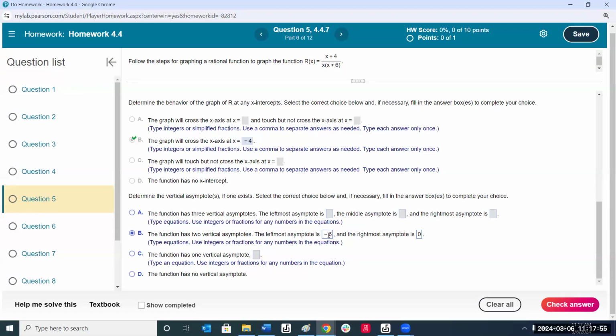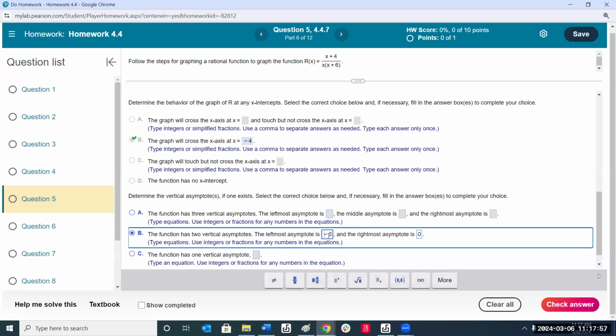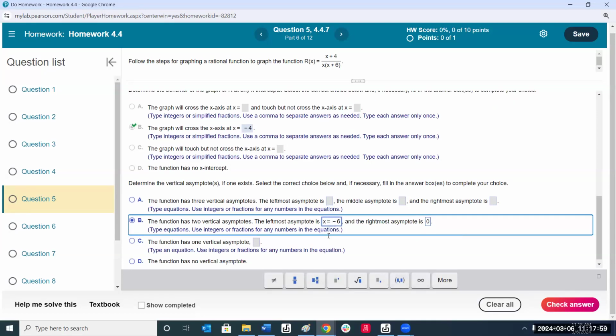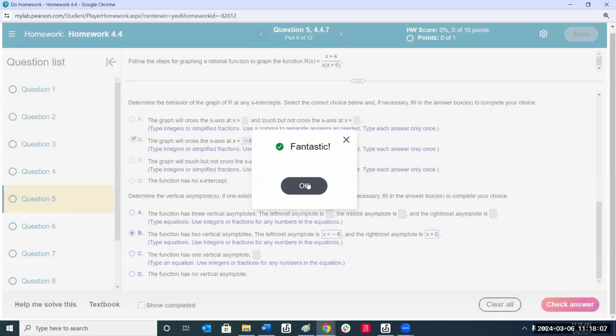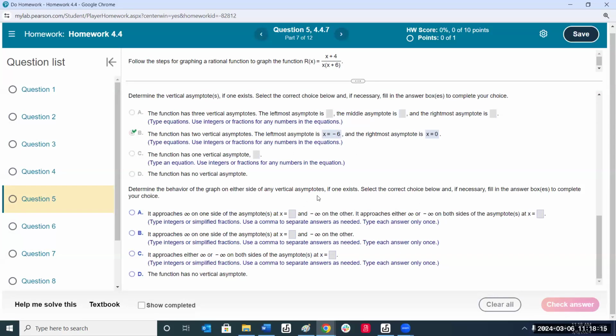X equals -6 and x equals 0. That's ridiculous. Type equations. Okay, I should read the instructions, but still ridiculous. It's okay, that's fine.